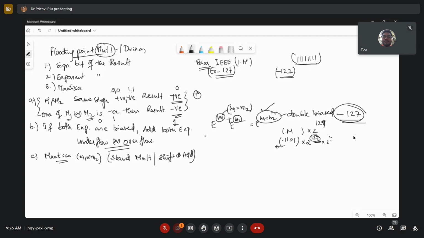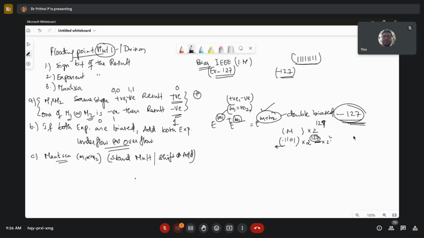You can have unequal values, or positive or negative values, anything. The double biased exponent will be adjusted by subtracting 127. The value you get is the resultant exponent.